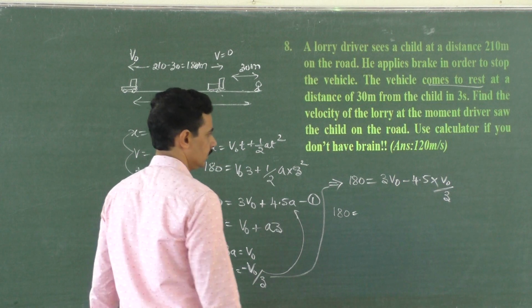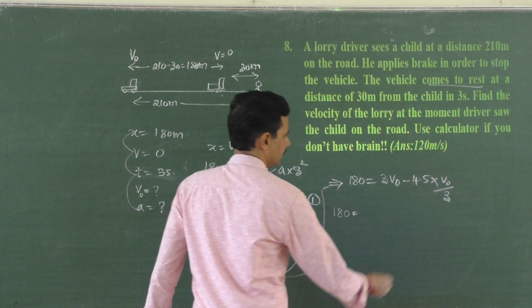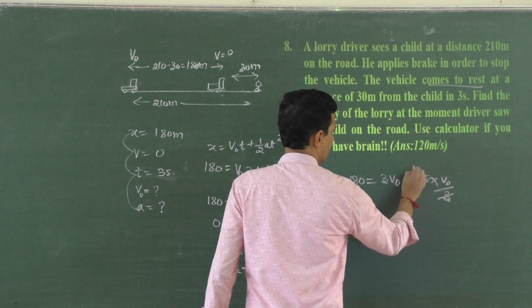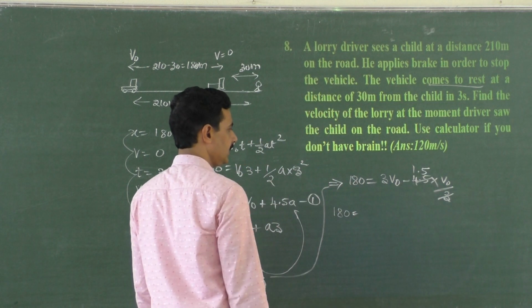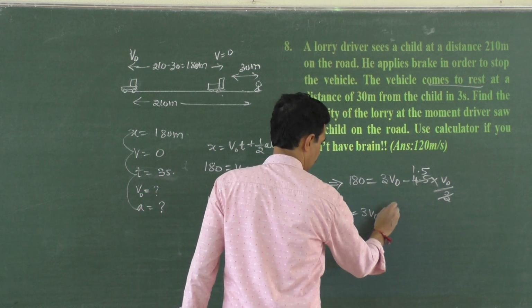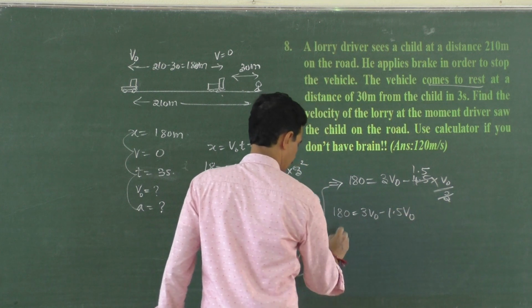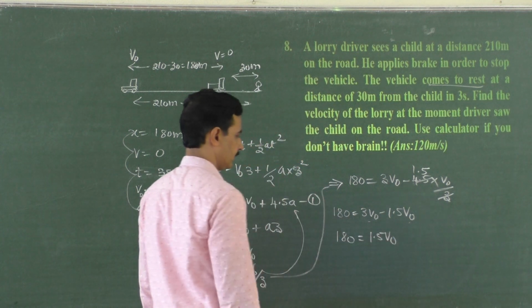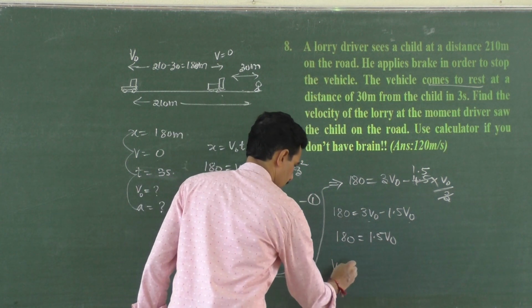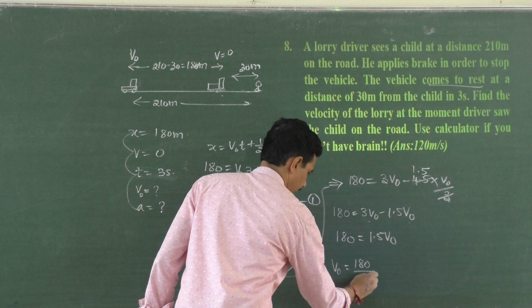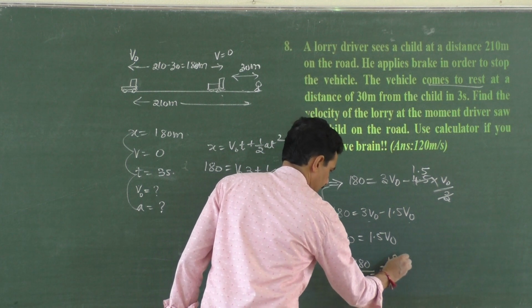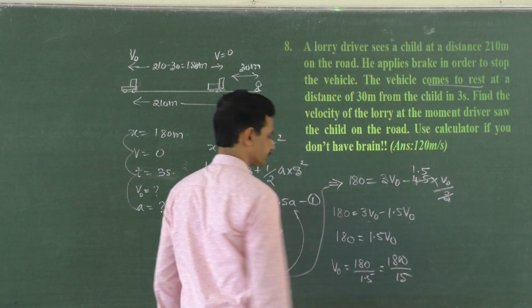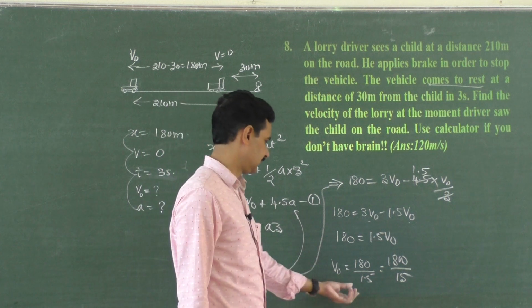180 is equal to, I think, 3V0 minus 1.5 V0. So 180 is equal to 1.5 V0. 3 minus 1.5. What is V0? V0 is equal to 180 divided by 1.5, that is 1800 divided by 15, because I don't like fractions.